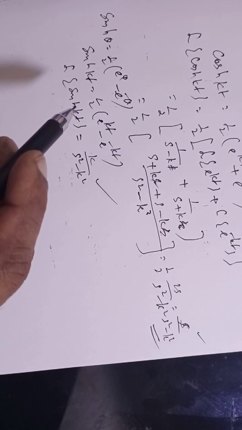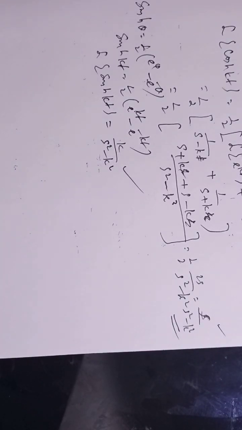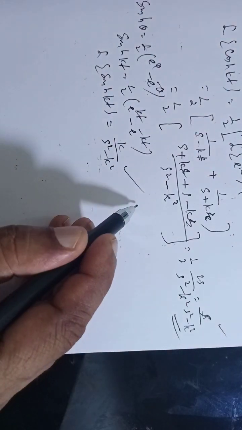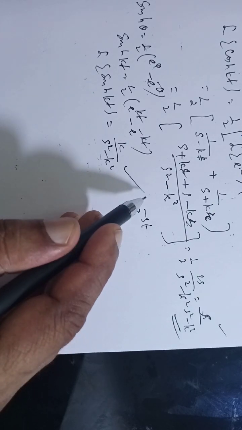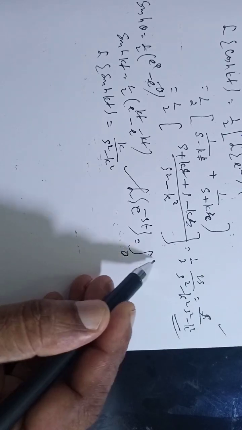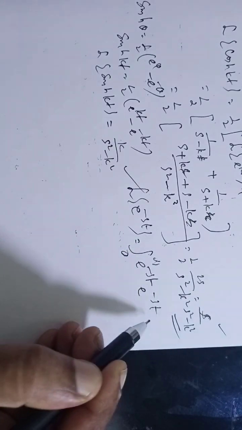Next we can see some problems, that is, to find the Laplace transform of given functions. First, find the Laplace transform of e raised to minus 3t. Using the formula, it is integral 0 to infinity e raised to minus st into e raised to minus 3t dt.